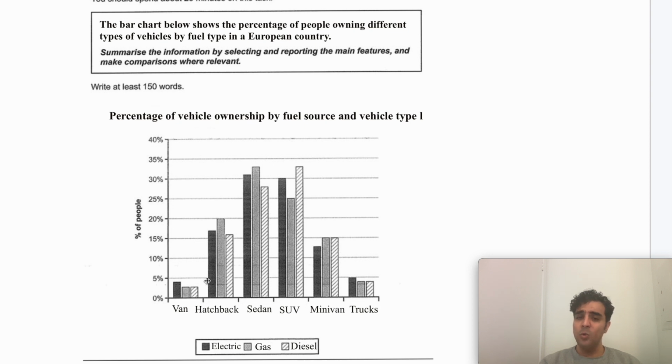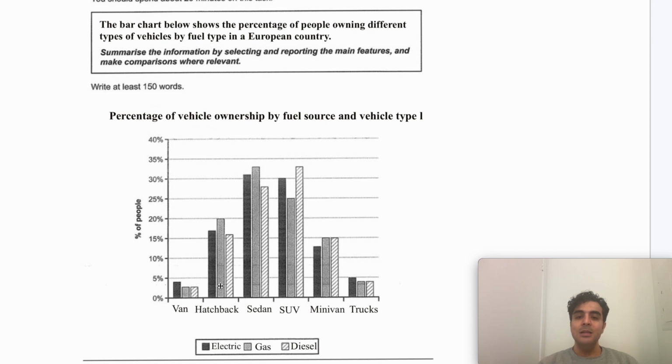Is this correct? 20% of all people? No, that's not true. It's actually something else. It's 20% of people who owned hatchbacks drove gas-fueled vehicles.